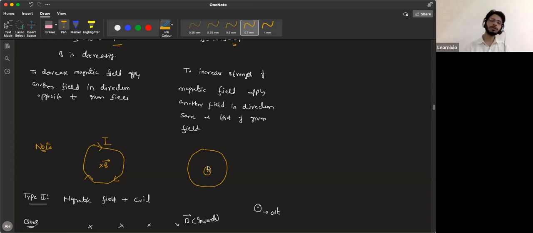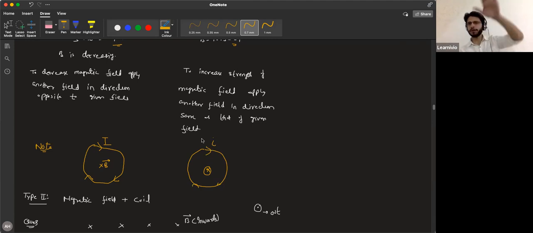So just take your right hand, put your thumb in the direction of magnetic field, inwards. How are your fingers curling, clockwise or anti-clockwise? If you put your thumb inwards, your fingers should go in clockwise sense. So the direction of induced current will be clockwise.